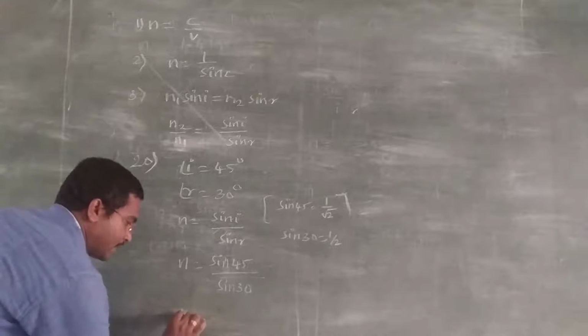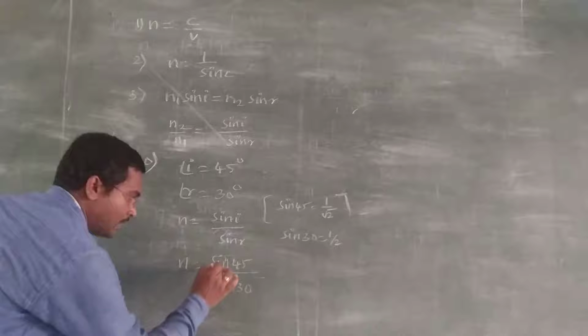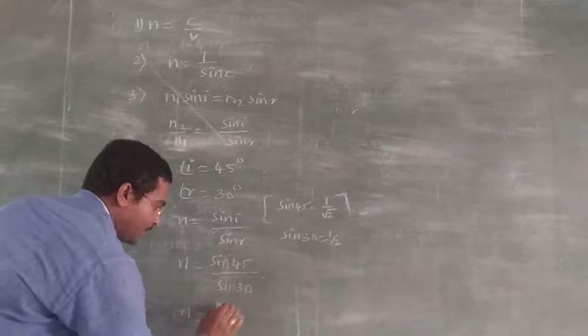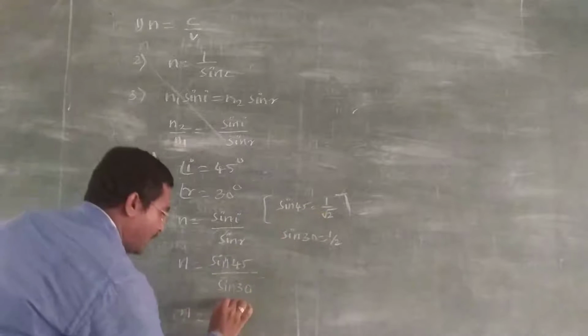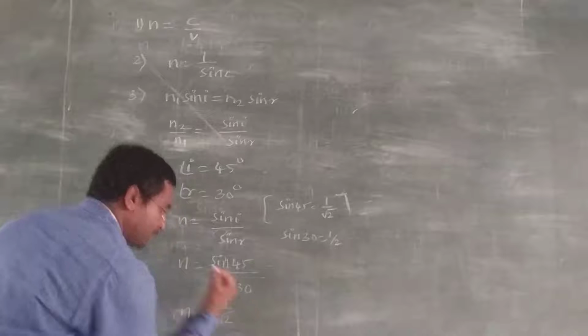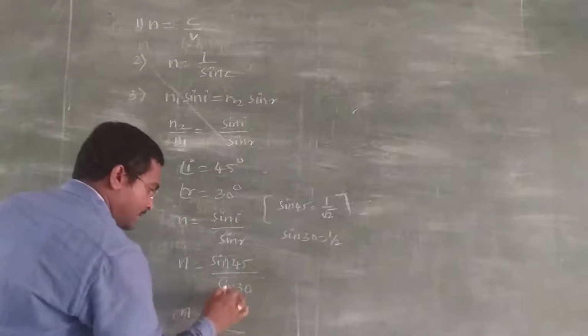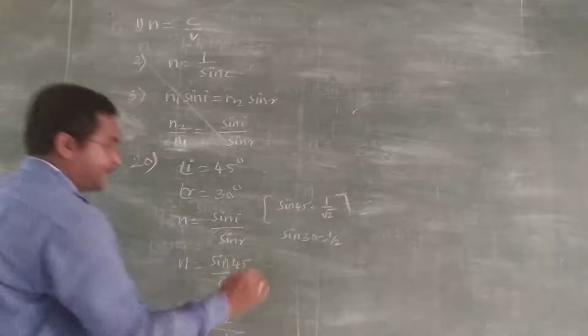So substitute these values here and find the refractive index. Refractive index n is equal to sin 45, 1 by root 2, by sin 30, 1 by 2.